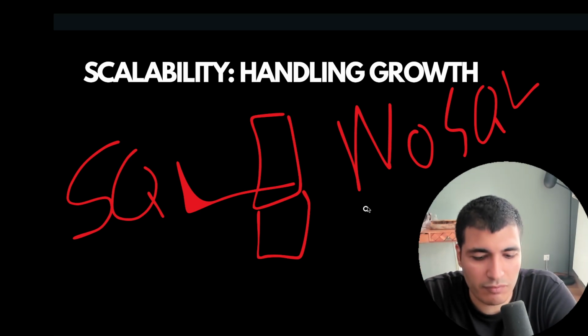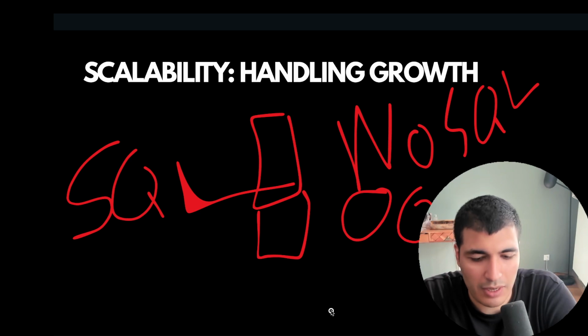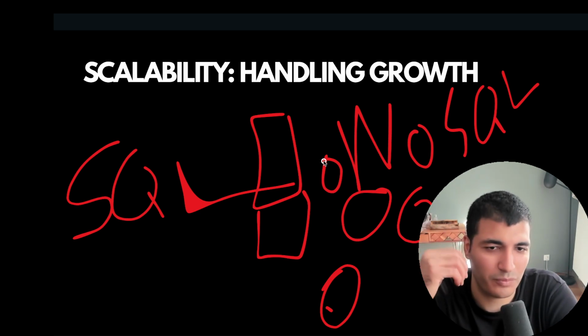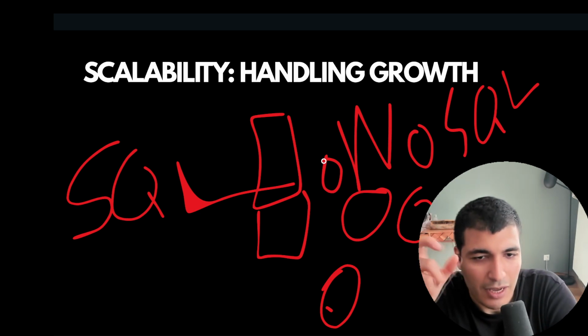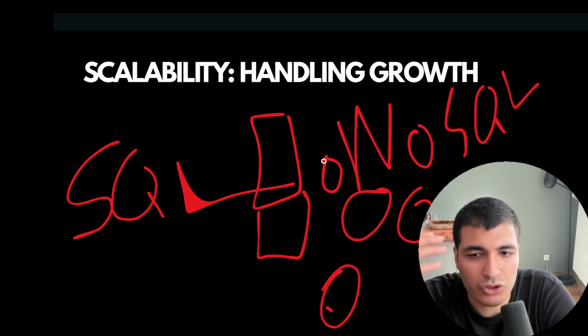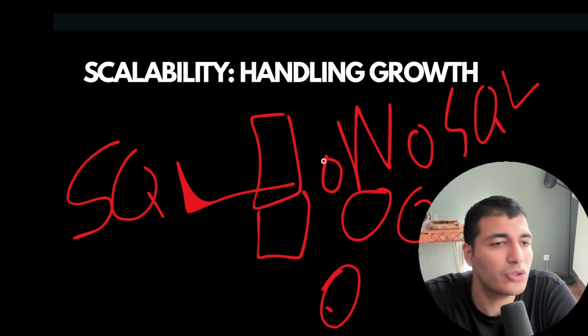So you don't have one server, you have multiple servers that handle it. I don't know why I drew the servers as circles, but let's assume that. Again, each node in the cluster handles a portion of the data and the workload, allowing NoSQL databases to handle massive volumes of data and high traffic loads much more efficiently. This distributed architecture also often provides better fault tolerance. If one server goes down, the others can continue to operate.